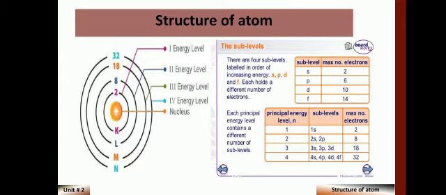The third principal energy level has sub-levels 3s, 3p and 3d, which hold 18 electrons. The fourth energy level contains 4s, 4p, 4d and 4f, which hold 32 electrons.